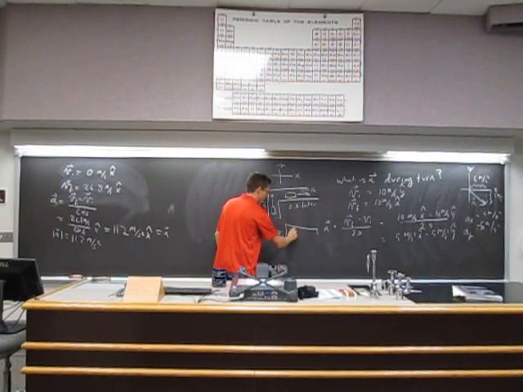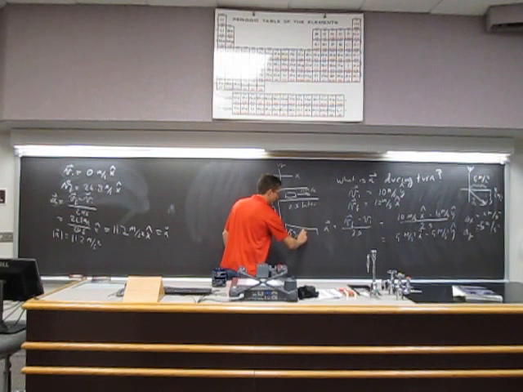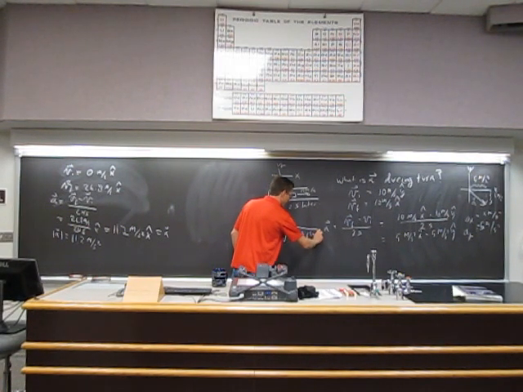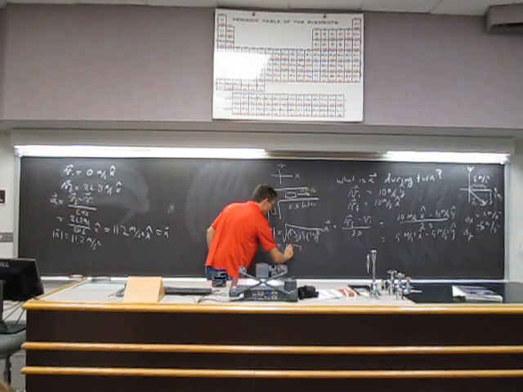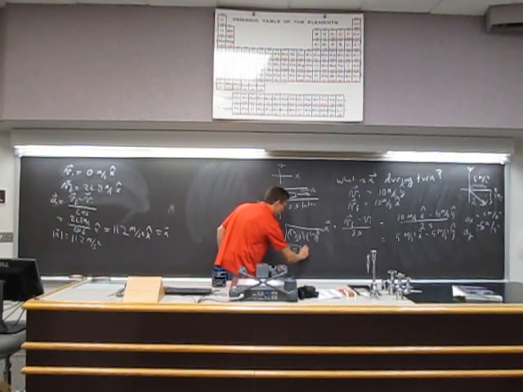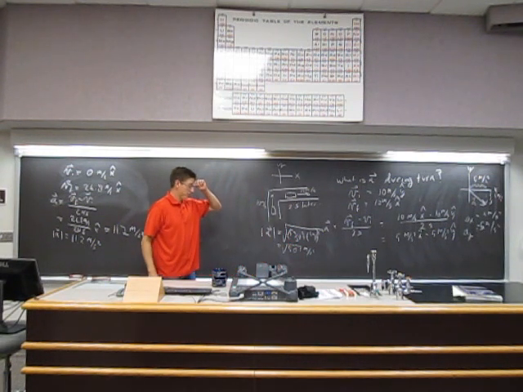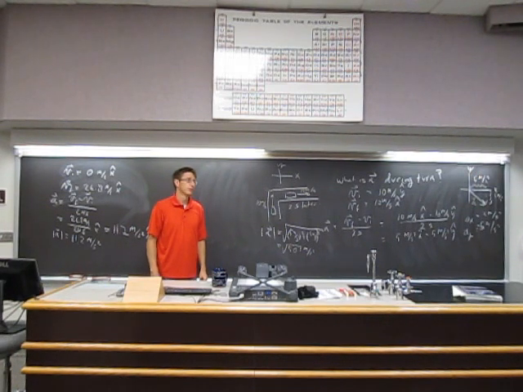It would be the square root of 5 meters per second squared squared plus 5 meters per second squared squared, which is the square root of 2 times 25, 50 meters per second squared. That'd be somewhere a little over 7, right? Yeah, 5 square root 2.